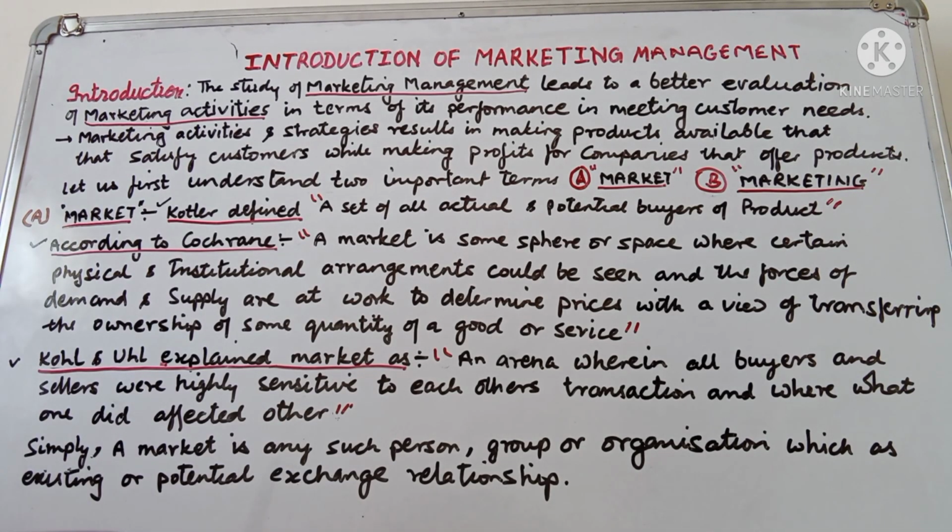Now the second definition is according to Cochrane: a market is some sphere or space where certain physical and institutional arrangements could be seen, and the forces of demand and supply are at work to determine prices with the view of transferring the ownership of some quantity of a good or service. So Cochrane has given us a little more extension as to how the market is looked upon.